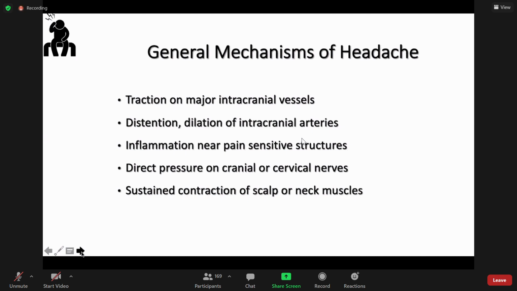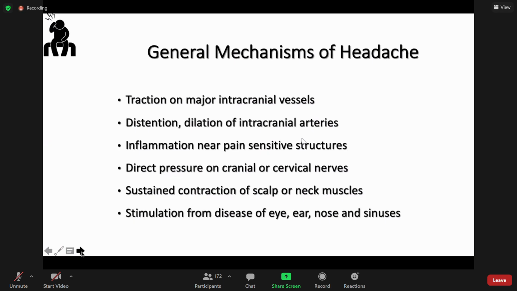Sustained contraction of the scalp and neck muscles is a very common cause of headache. Tension-type headache is always associated with contraction of the scalp and neck muscles, and that stimulates the nociceptive fibers to carry pain impulses inside the nerves that supply these muscles and bring them back to the central nervous system.